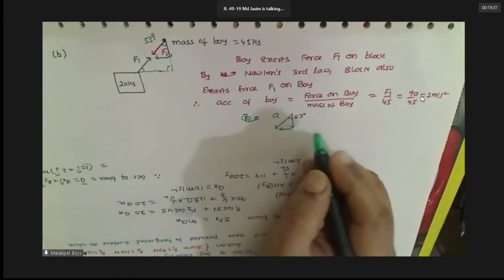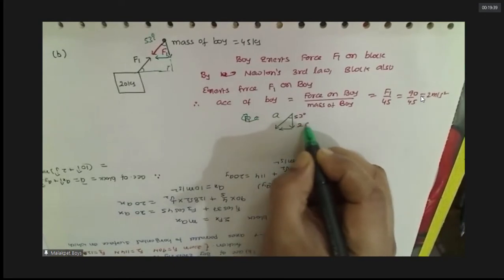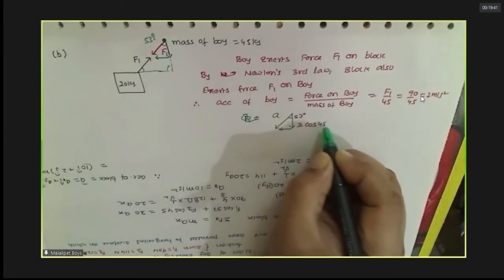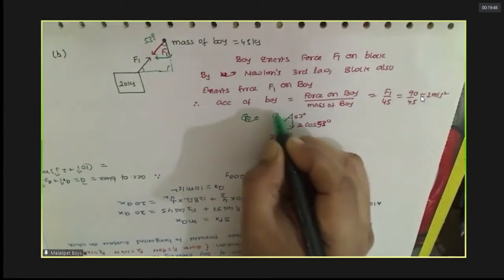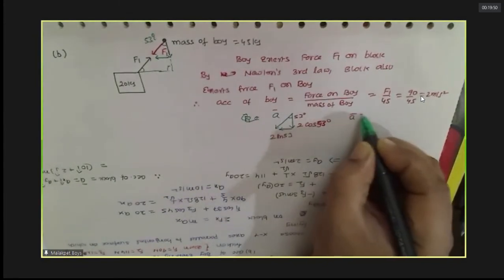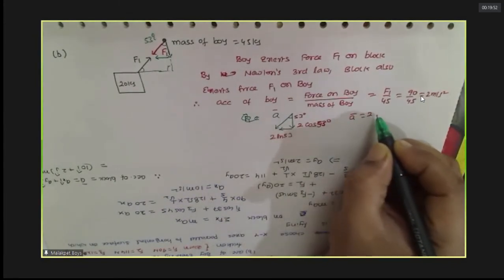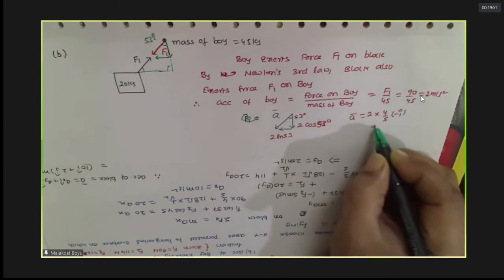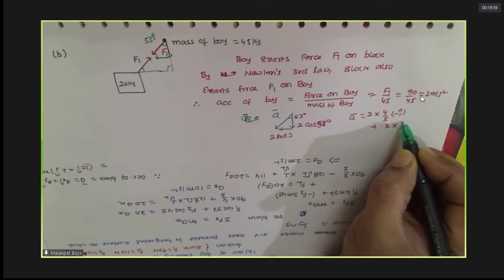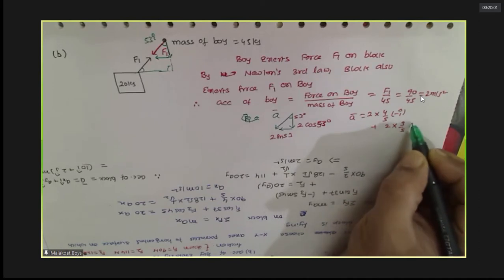So this is 2 cos 53, and I am using vector form because the acceleration is 2 sin 53 minus i cap plus 2 cos 53 minus j cap.